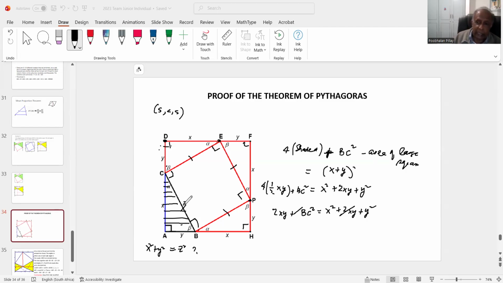I'm calling it Z here. So that would have been very much nicer. Okay, so BC squared is Z squared is equal to x squared plus y squared. Lo and behold, that is precisely the theorem of Pythagoras.